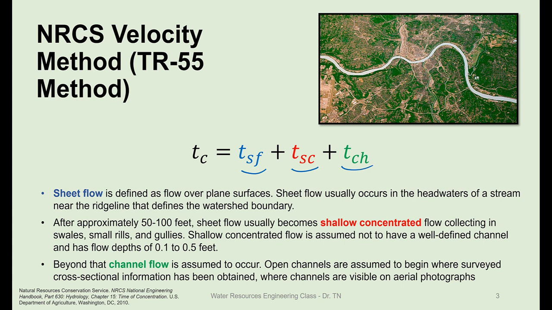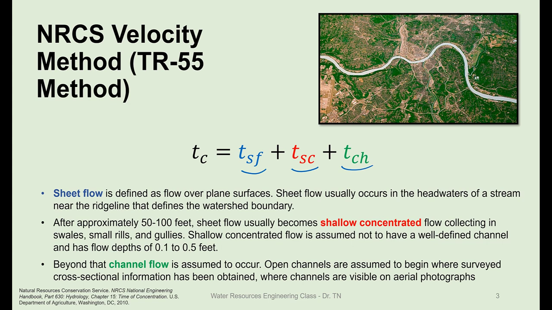Now let's talk about the characteristics of these three different flow regimes. Sheet flow usually happens in the headwaters of your basin or watershed. This happens near the ridge lines, for the first 50 to 100 feet where overland flow is formed.